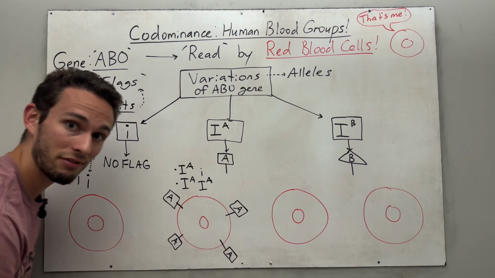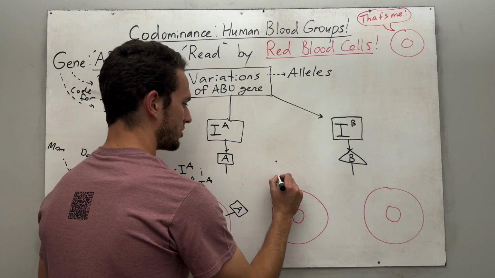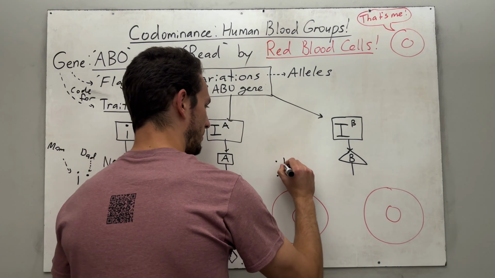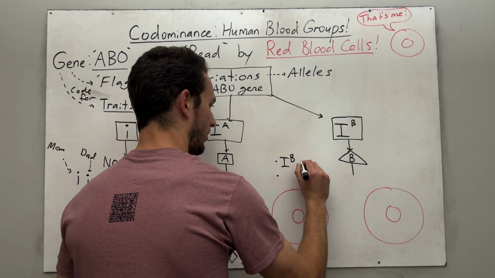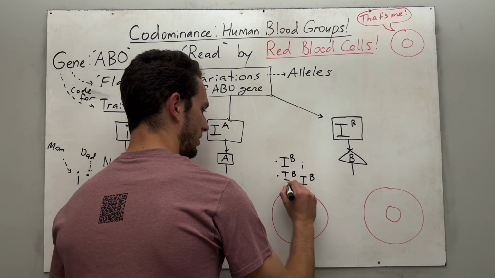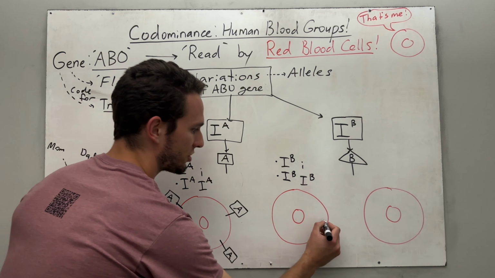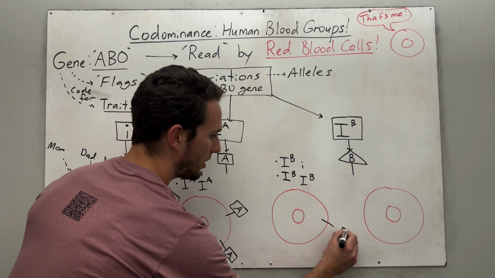You would just have those A flags. But then let's hop over here. Let's say you have these 2 options of what's called genotypes, where you have a big I, big B, and a little i, and a big I, big B, and another big I, big B. You got the same thing from both parents. What would this blood cell look like? Well, obviously you guys are smart. You would have those B flags on this blood cell.